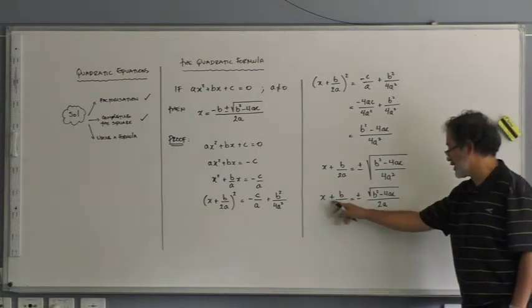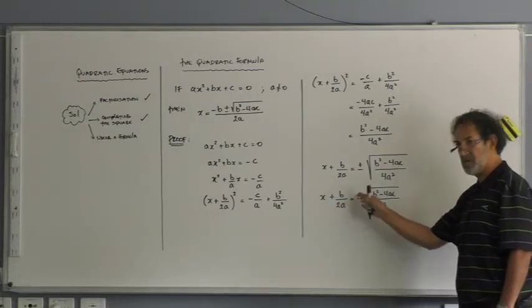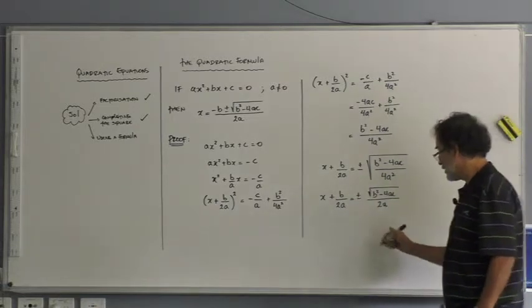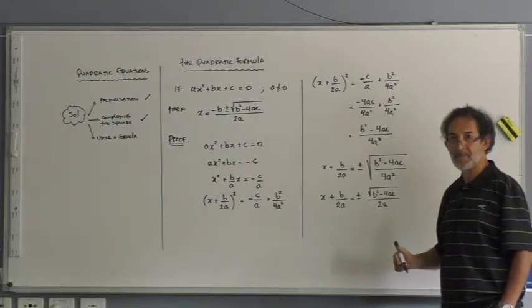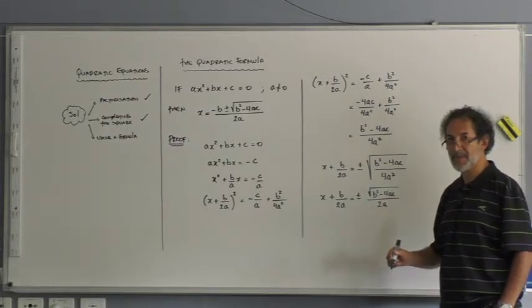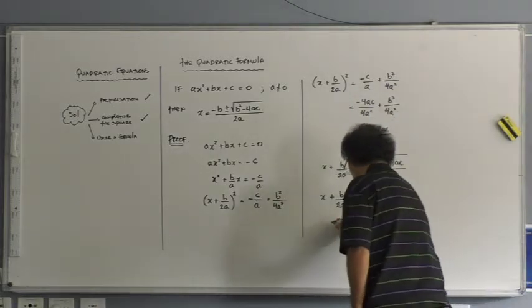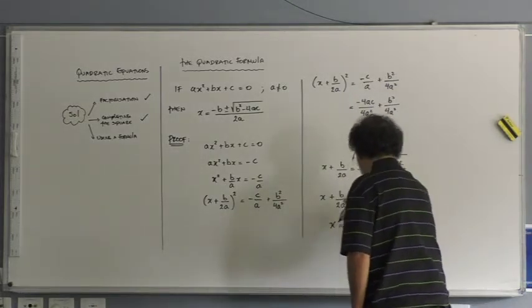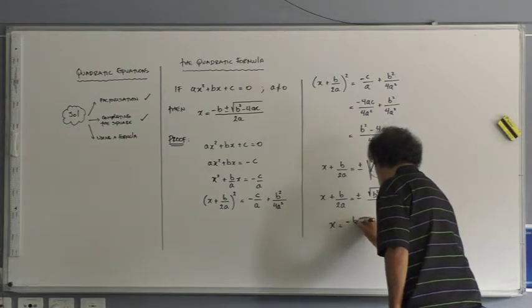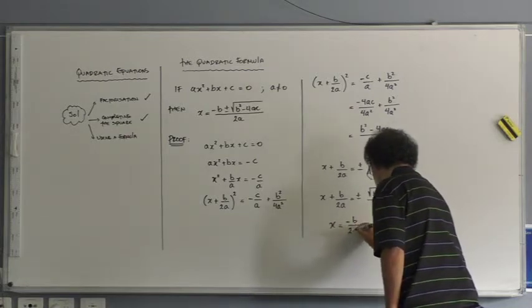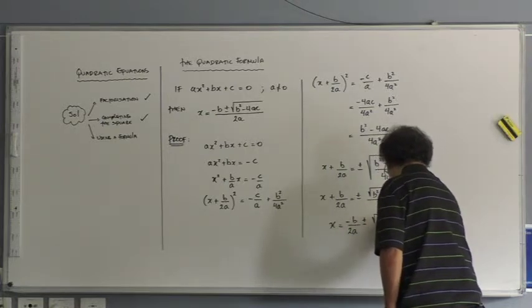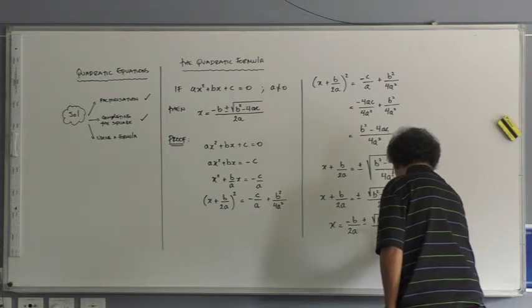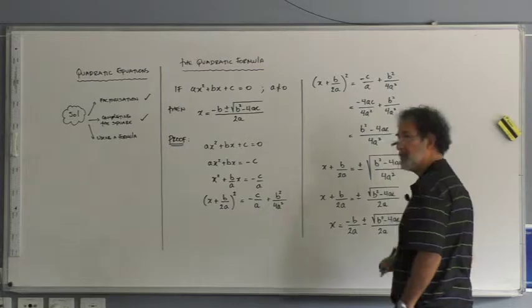And then we're going to move this plus b over 2a across. So then we're going to have x is equal to minus b on 2a plus or minus the square root of b squared minus 4ac over 2a.